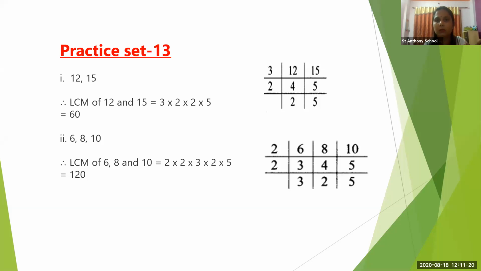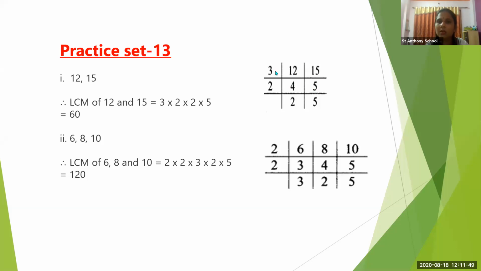Here you have to make columns and take the numbers and then see the number at the unit place. Then you have to find by which number it will be divided.